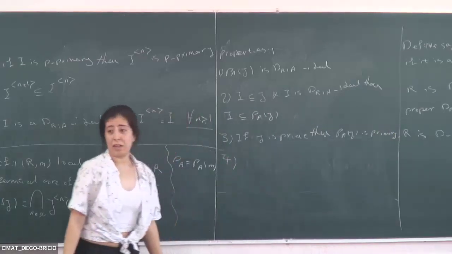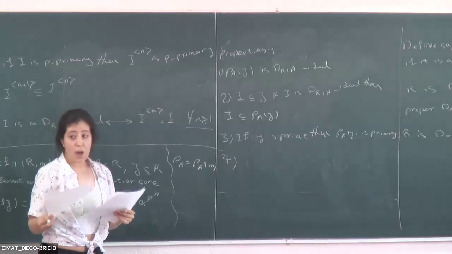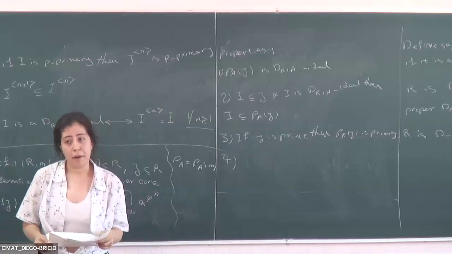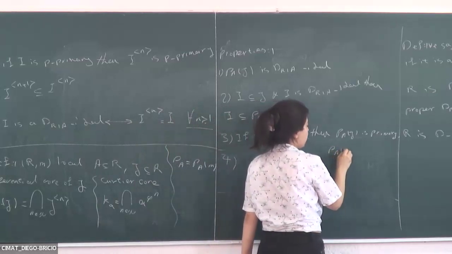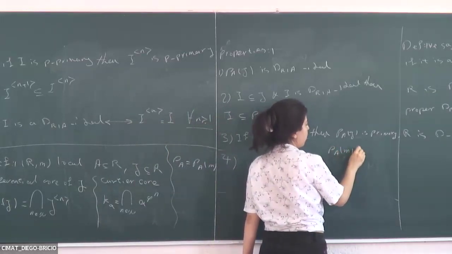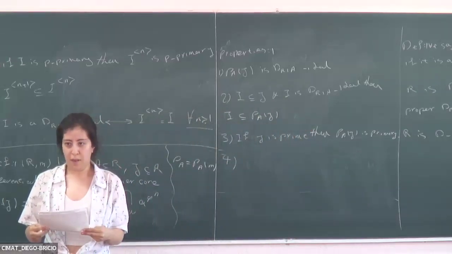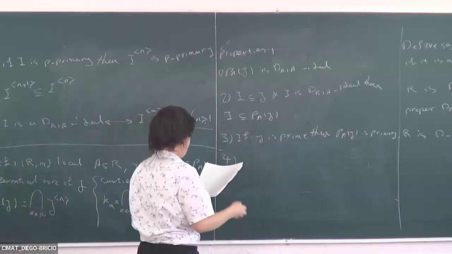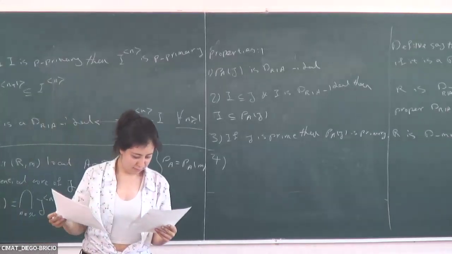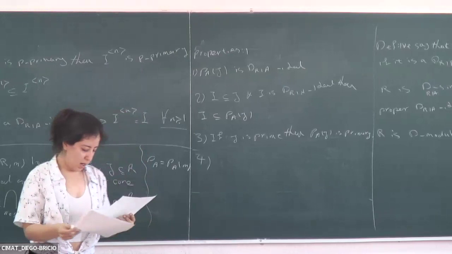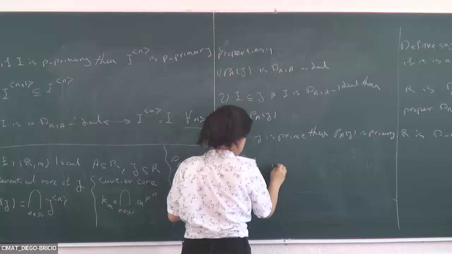It's primary, not prime. Do you have an example that it's not prime? I don't have an example, but I know that this is primary, not prime. That's so weird, but continue. Yes. And R over R is visible.